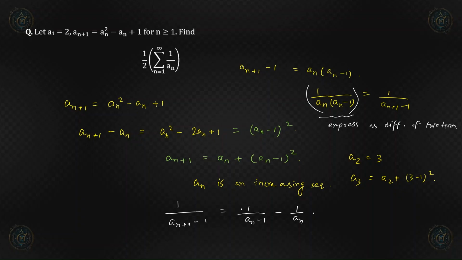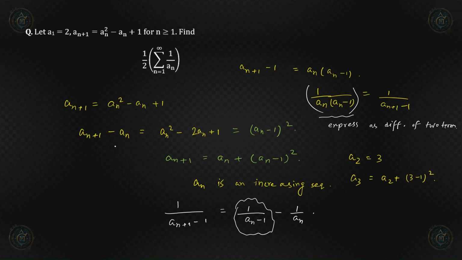Now see, if I take this 1 divided by a_n minus 1 in the LHS of this equation, we get some telescopic expression, right? So let us apply this funda here. So we get this right hand side will be minus 1 by a_n. Okay, so let us do another thing. This 1 by a_n we are taking in the LHS and this term here we are taking in the right hand side.